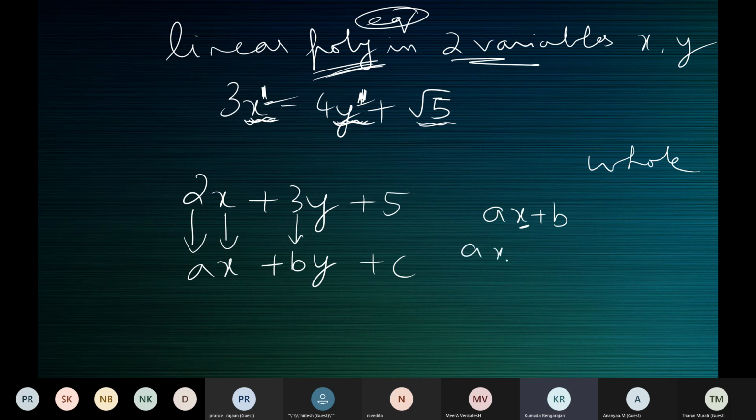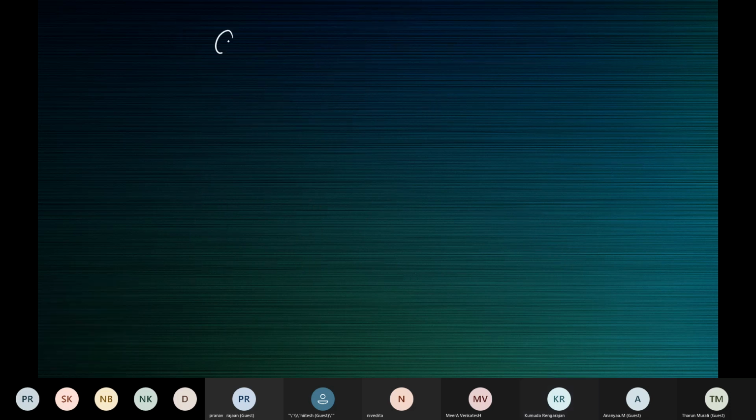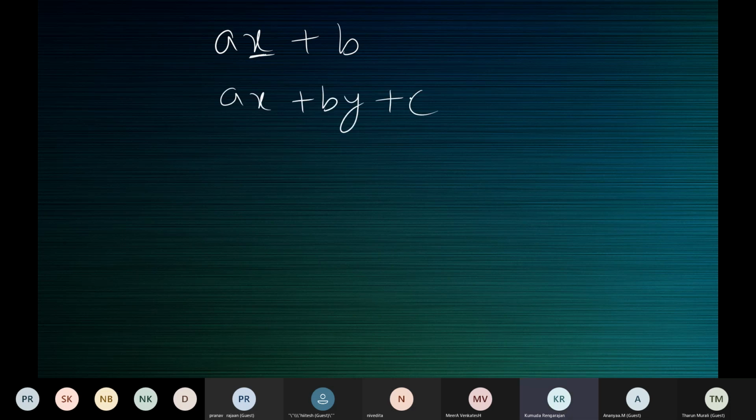When you say ax plus by plus c, this is the standard form of a linear polynomial in two variables x and y.